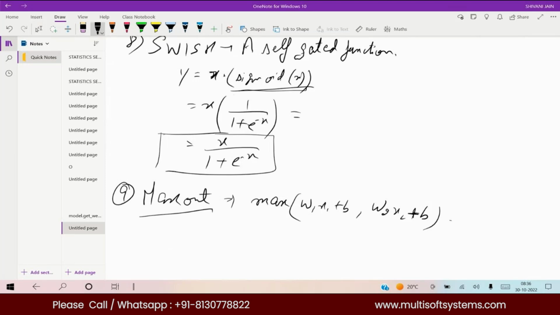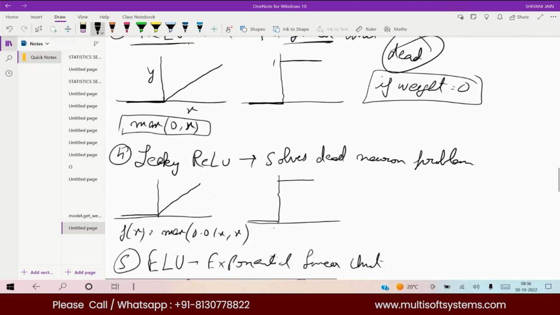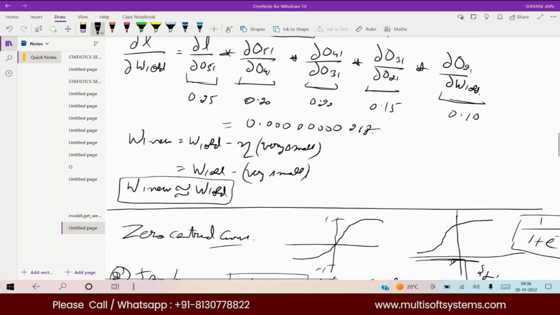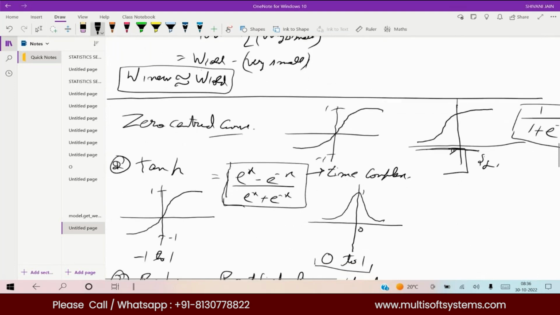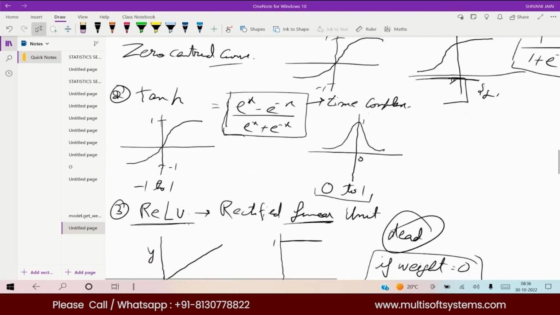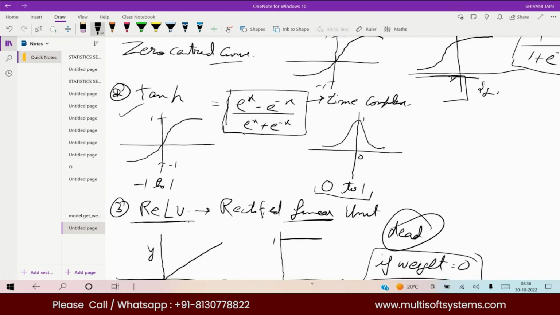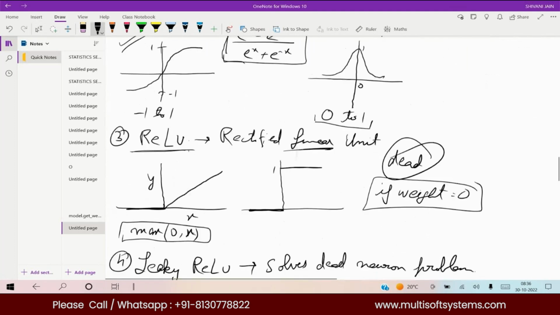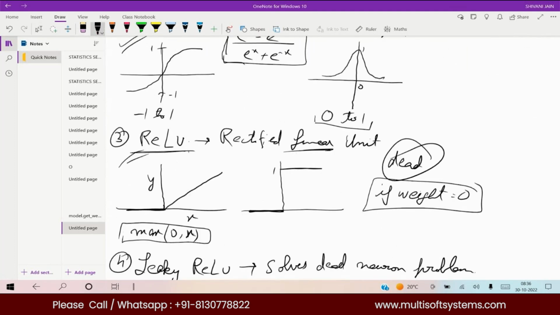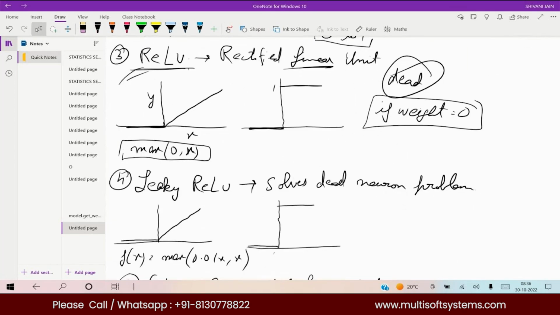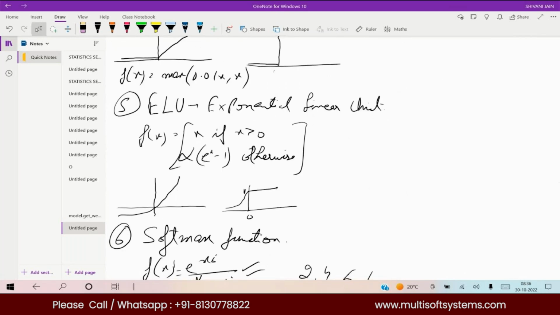Now, how many functions have we read? First one is the sigmoid function, which is very frequently used, very important. Then we have tanh, again important. Next is ReLU, again important. If you are getting a problem in ReLU, you will use leaky ReLU. You will not use this very frequently.